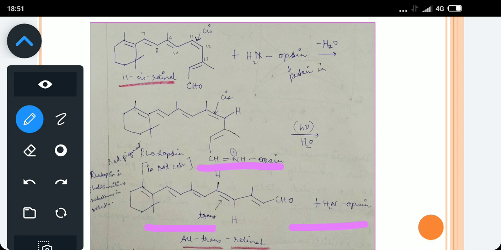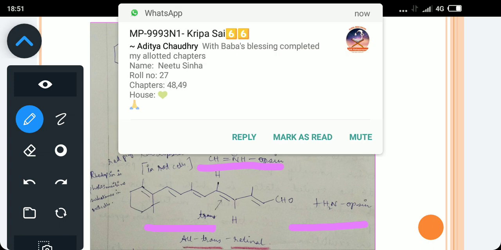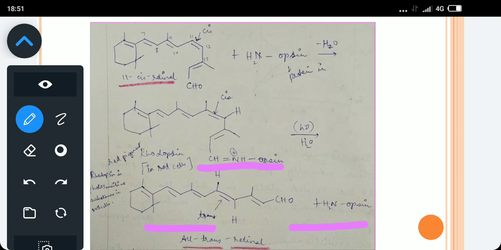There is a very interesting factor that we have to understand. Opsin has a pocket, and inside the opsin only the Z isomer, the cis isomer, fits. But during the process of vision, rhodopsin, when it takes in a wavelength of around 500 nanometers, is dissociated into trans retinal and opsin.